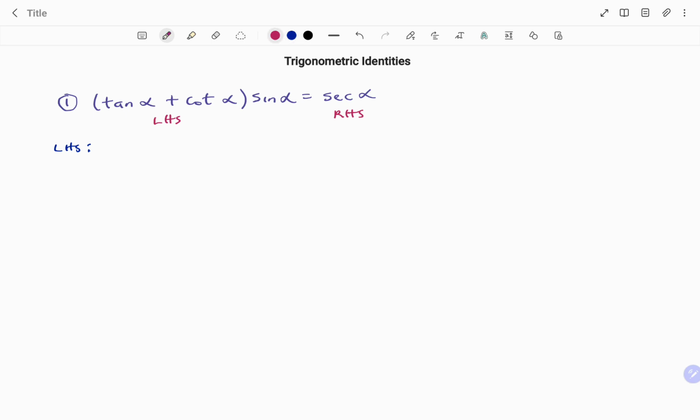The following trig identities are going to be used. I have tan theta equals sine theta over cos theta.